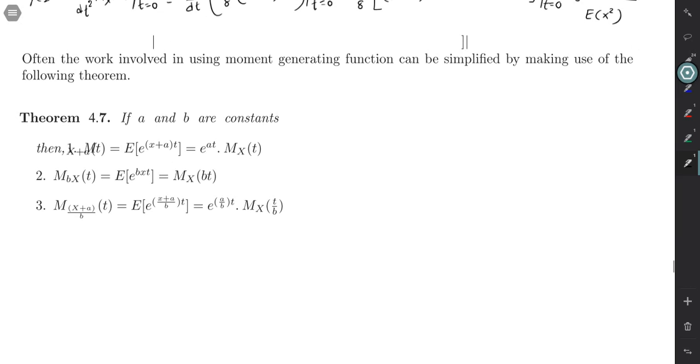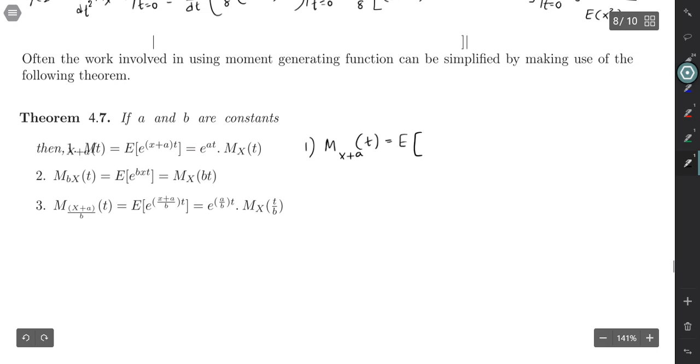If a and b are constants, I'll rewrite the first one. It has some misprints. M of X plus a, t is the expected value of e to the (X plus a)t. This is the same as e to the at times M_X(t).